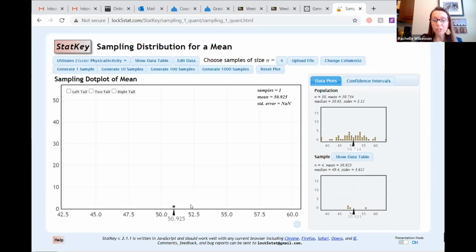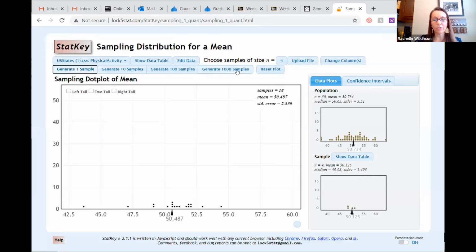Now what I want to do, like we said before, is do this lots and lots of times. You can click that generate one sample button, and you can see that every time it's taking another random sample of 4 states, calculating the sample mean, and drawing a dot on the dot plot. So clicking one sample will slowly build up your sampling distribution.